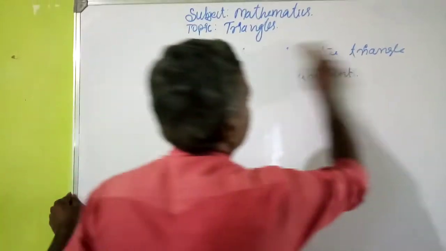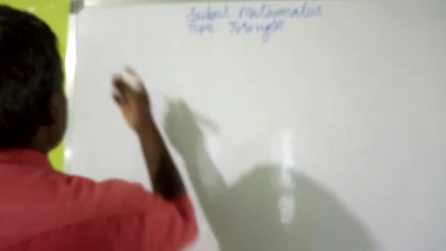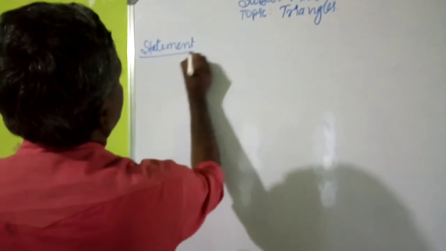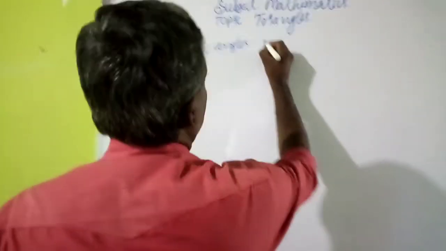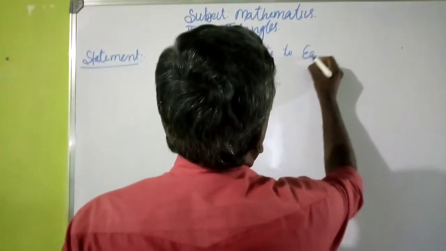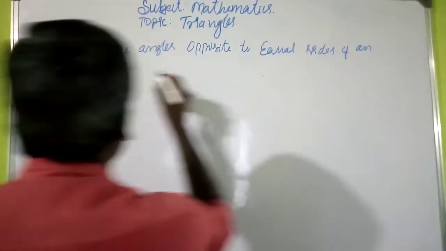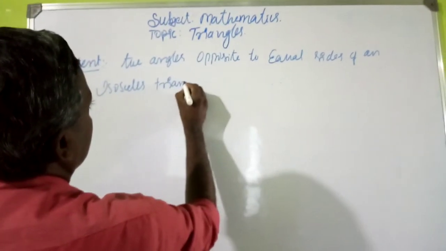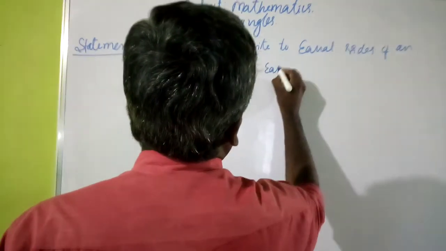The statement for this is: the angles opposite to equal sides of an isosceles triangle are equal.